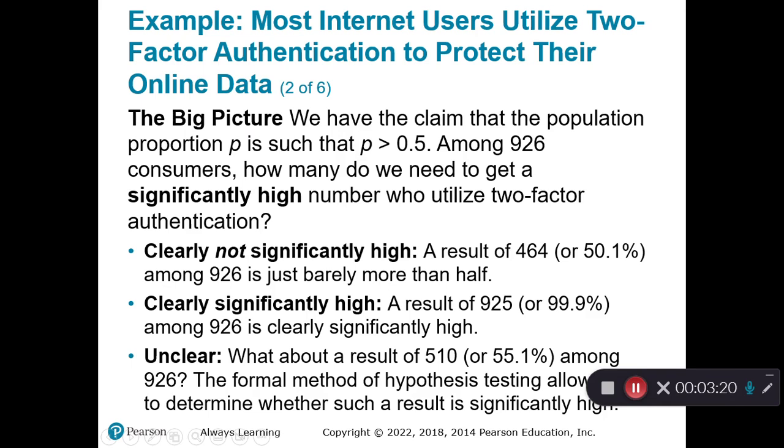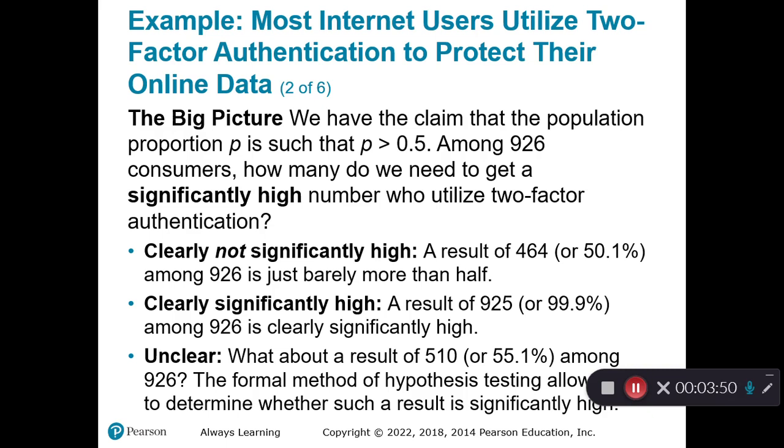Now, in the big picture, we have this claim that the population proportion p is greater than 0.5. Let's say we have a sample of 926 consumers. How many of these would need to utilize two-factor authentication for us to be very convinced that the claim may be true? Would we need to have half of them use two-factor authentication?